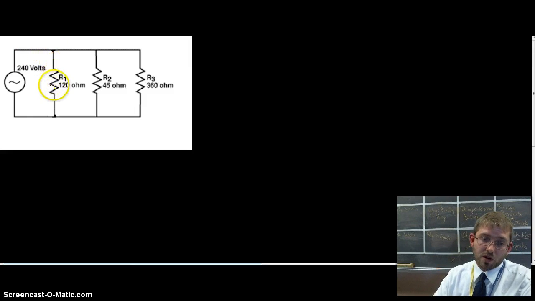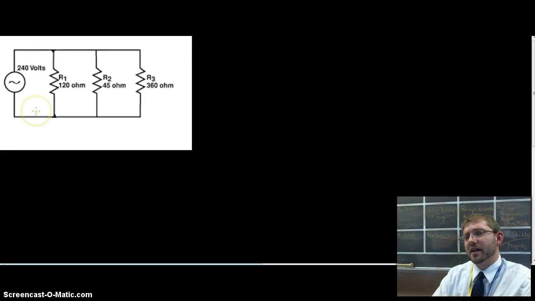A proportion of it travels through R1, while the difference continues on down the line, and a portion of it will then pass through R2, and the remainder would pass through the last resistor, R3, before they all come back, if you're following my mouse on the screen, to this node, this point where there's a junction of wires, so to speak, in the circuit. When the current reaches this node, all of the currents add to the total current in the circuit.